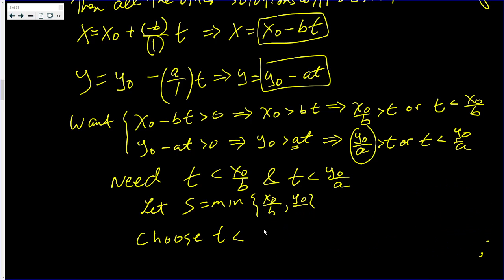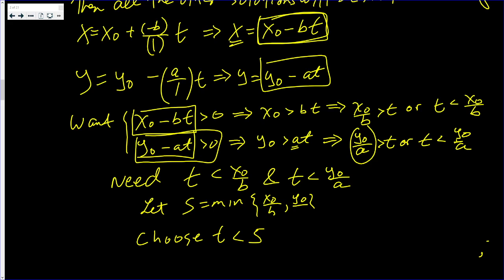So you choose t to be less than s, and you're guaranteed that this will be positive, and that will be positive. Okay, x, which is x0 minus bt, will be positive, and y, which is y0 minus at, will both be positive.